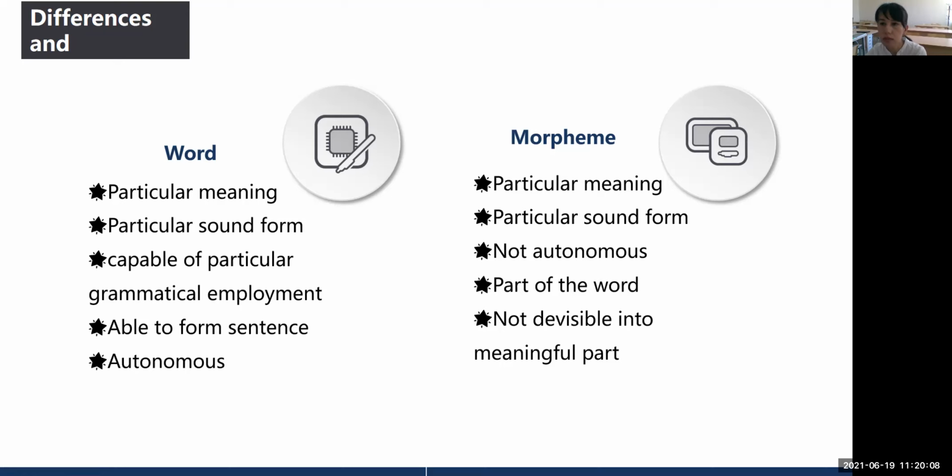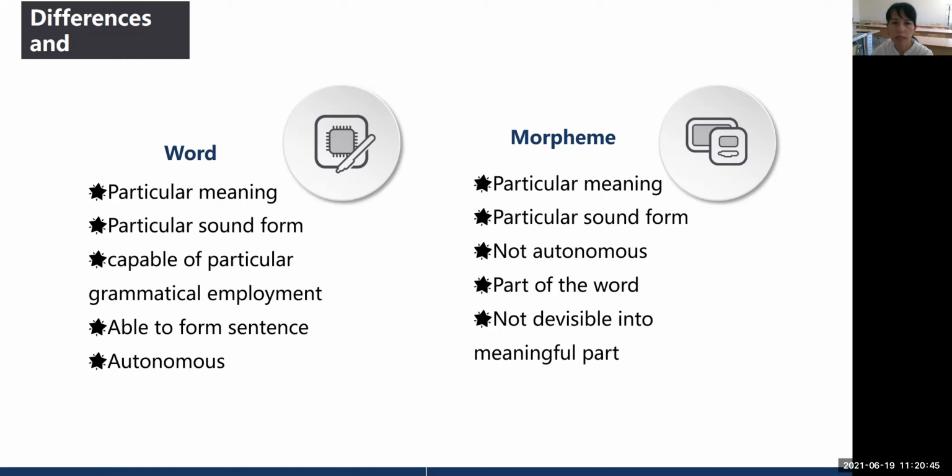The sentence consists of some words, for example, I go to school. My teacher is coming. Here the sentence consists of four words: my, teacher, is, and coming. And morphemes are not divisible into meaningful parts. Yes, sometimes morphemes cannot be divided into meaningful parts.